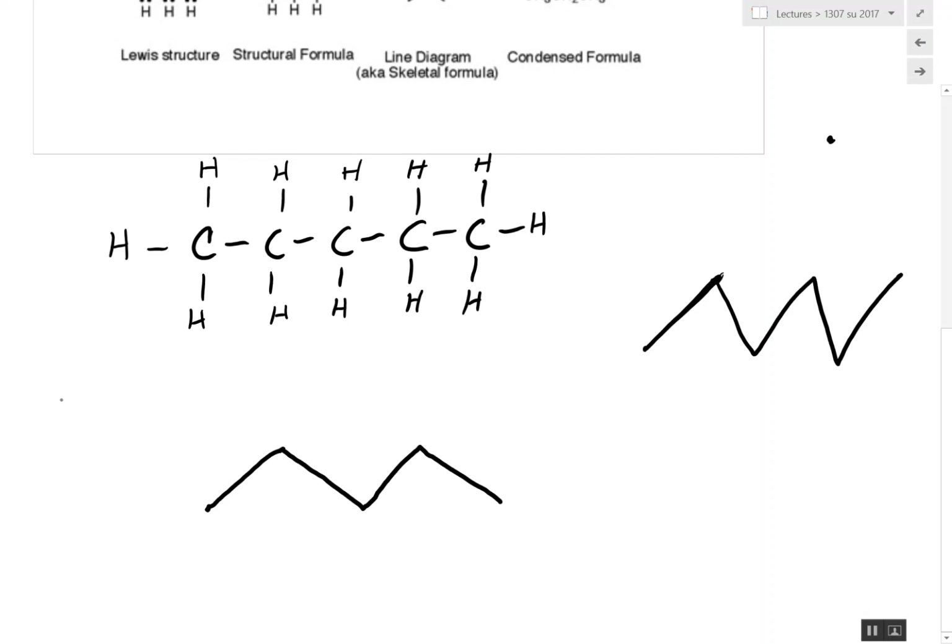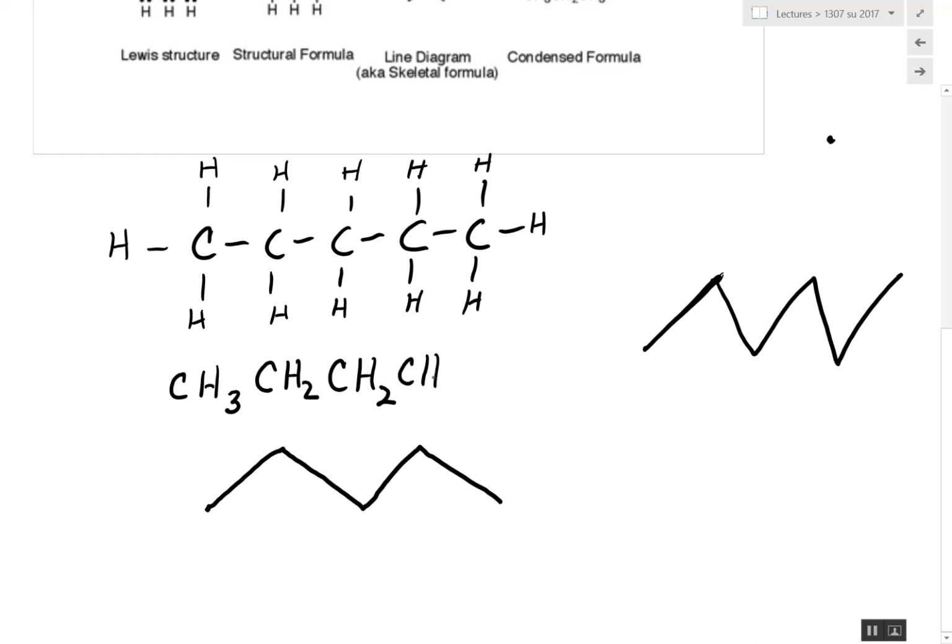Let's put in the condensed formula. So right underneath here, I'm going to put the condensed formula. Just look at that. That's a CH3 group. So I'd write CH3, with the 3 down below as a subscript. The next carbon is a CH2. The next one is a CH2.